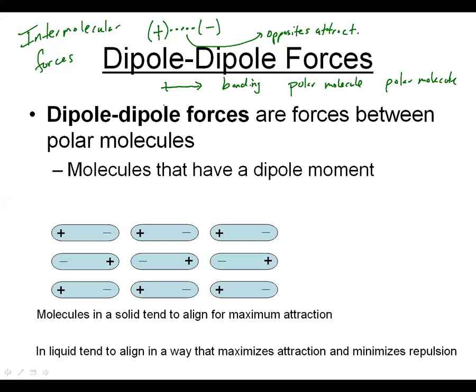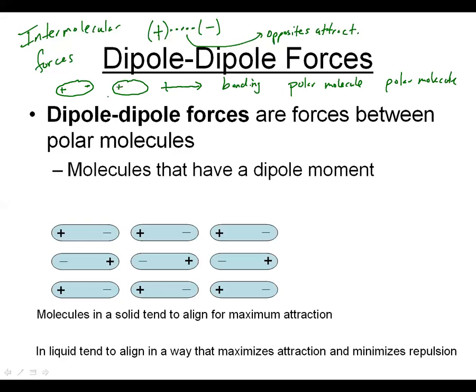And if you remember, what makes something a polar molecule when we talked about bonding is that, as a whole, the molecule has an unequal sharing of electrons, right? Ultimately, that means there is going to be a side that is more positive in that molecule and a side that's more negative.